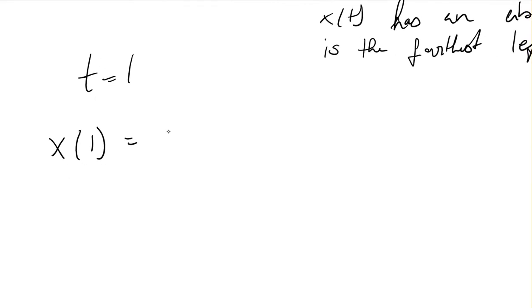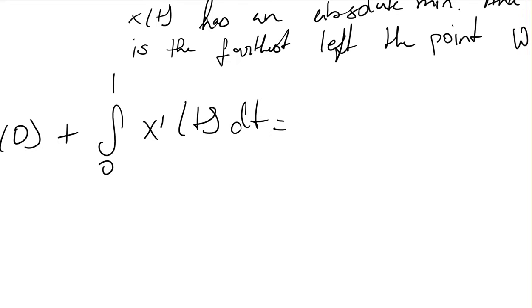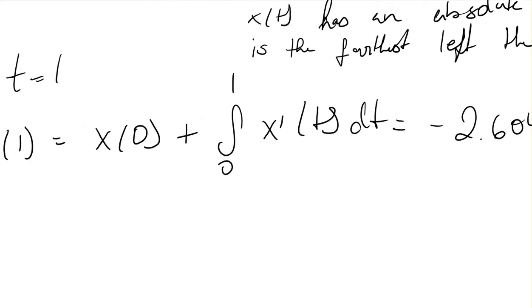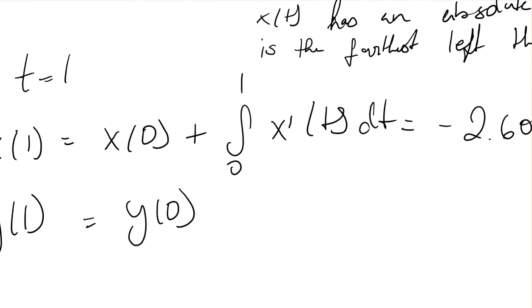For x at 1, they gave you x(0) equals -2, so you do -2 plus the integral from 0 to 1 of x prime of t, and you get negative 2.604. Then you do that for y. They give you y(0), which is 5.